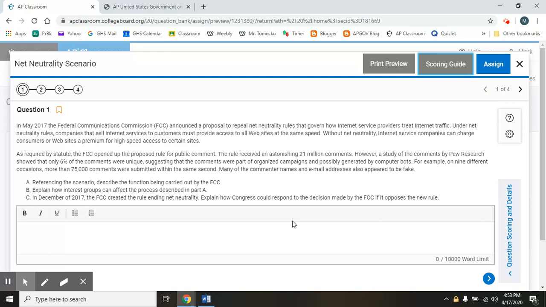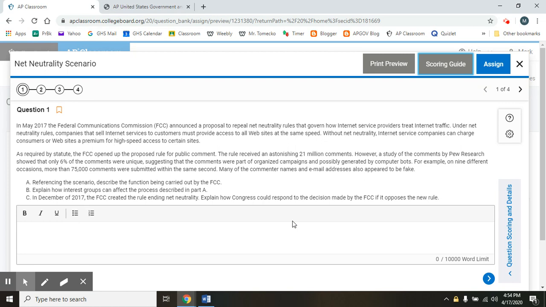Well, what you got to remember here is that ultimately Congress is in control of policymaking. So this is actually rather simple. Normally when we're asked how could Congress respond, well, what does Congress do? They make laws. So something as simple as Congress could pass a law that overrides the FCC rule. That would take care of it, right? That would be a response if they oppose the new rule.